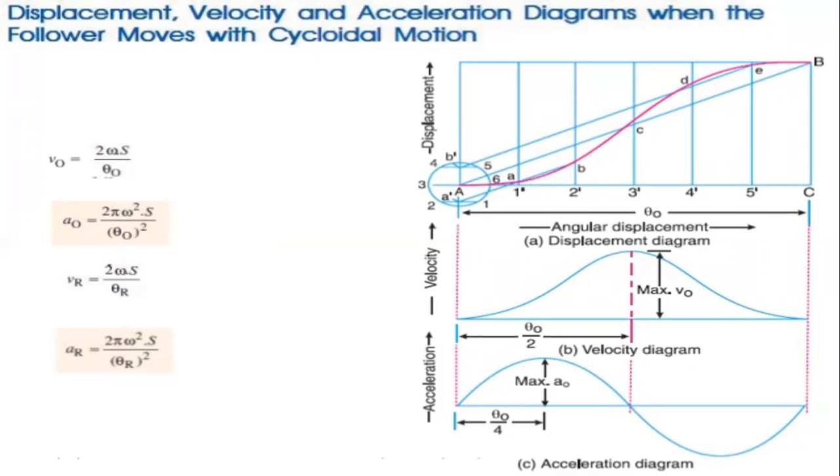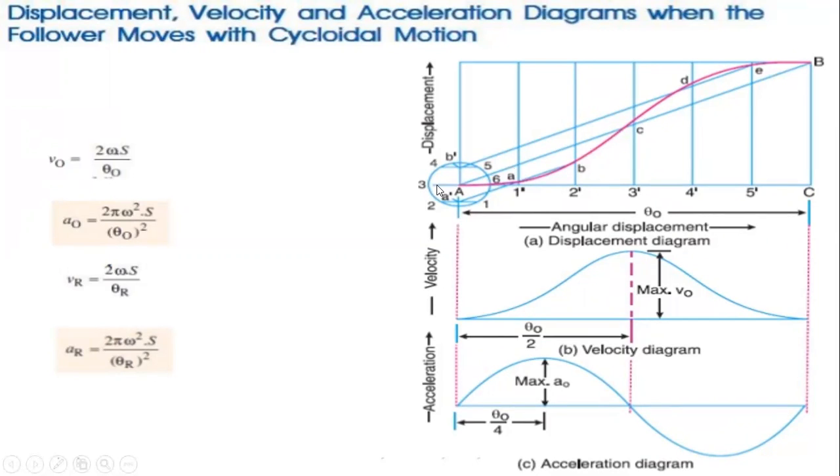Then we need to draw the velocity and acceleration diagrams. First, we draw the parallel lines with respect to the positions, and then we join the AB line.